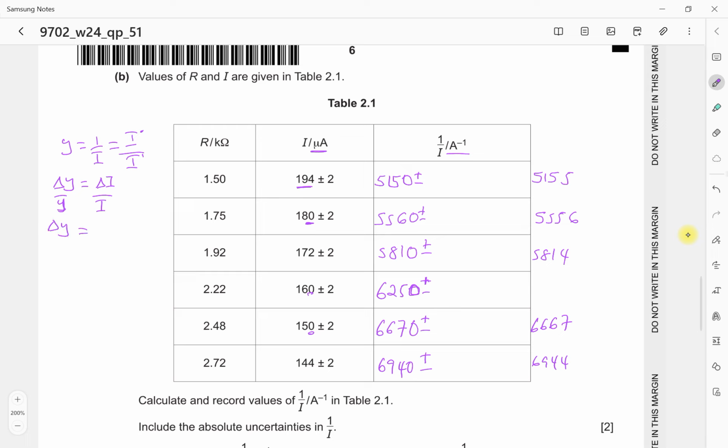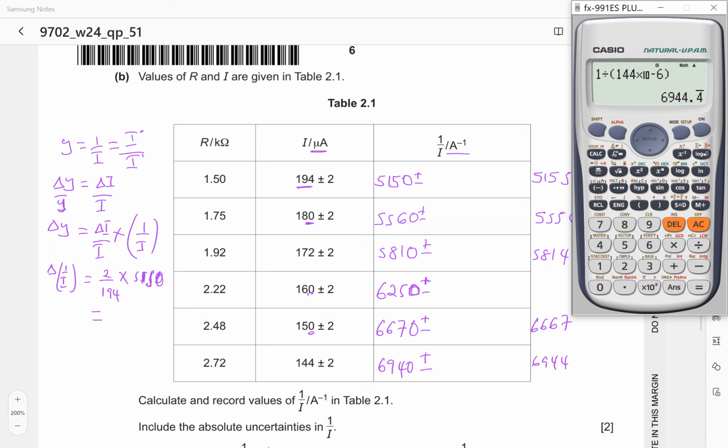The absolute uncertainty in y is the fractional uncertainty in I, that is the uncertainty over I, times y, which is 1 over I. For example, for the first one, the absolute uncertainty in 1 over I is the absolute uncertainty in I, which is 2, divided by 194, times 1 over I, which is 5150. So we have 2 times 5150 divided by 194.